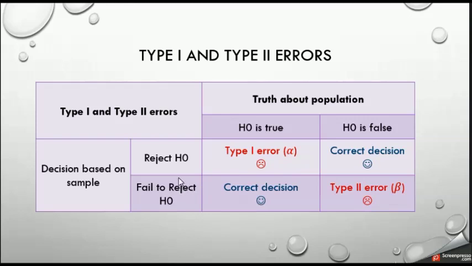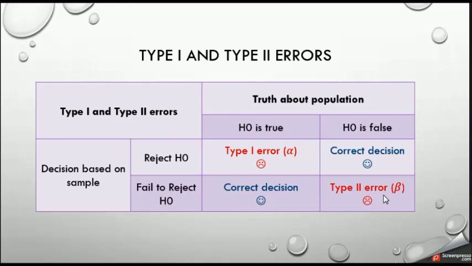On the other hand, sometimes we fail to reject the null. If we fail to reject the null hypothesis and the null hypothesis was true, we made the correct decision, because the null hypothesis is true and we fail to reject it. So this is a correct decision and we are happy. But the problem is when the null hypothesis is false. In reality the null hypothesis is false, and our conclusion was to fail to reject the null hypothesis.